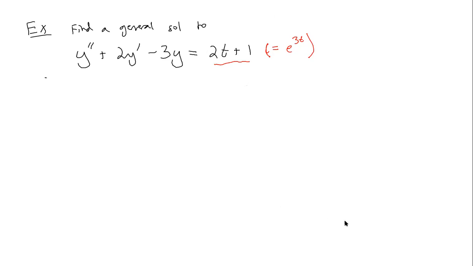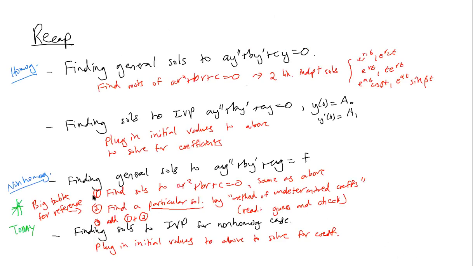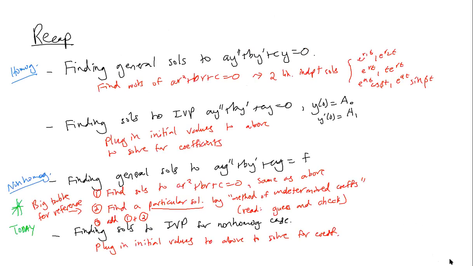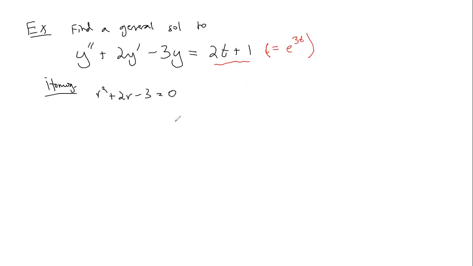So according to our procedure, we should find solutions to the homogeneous case first, and then find a particular solution. So we look at the homogeneous case. We look at solutions. We find roots.